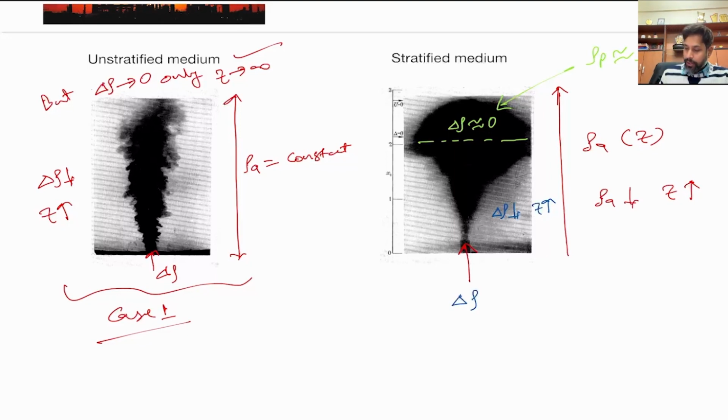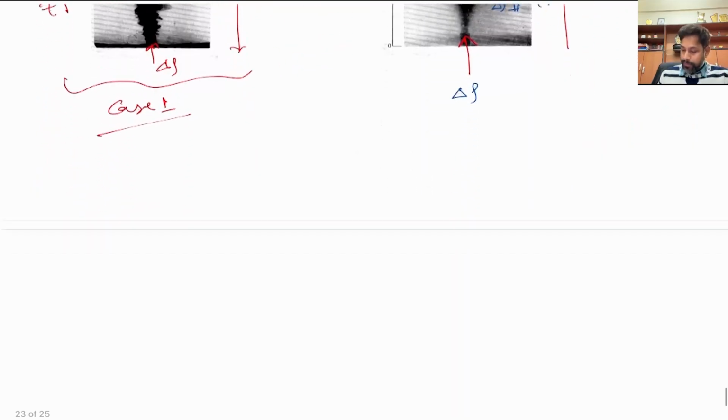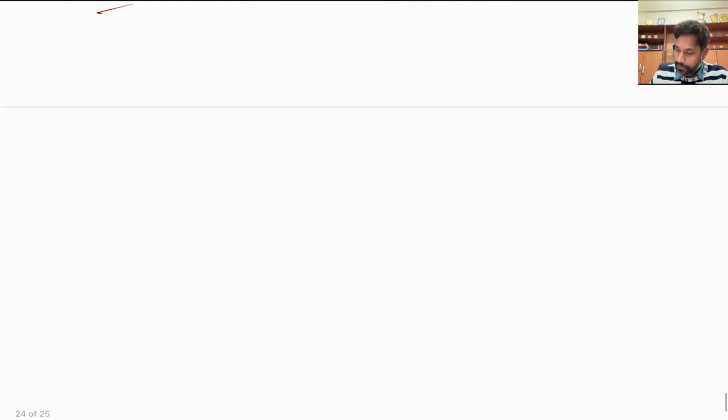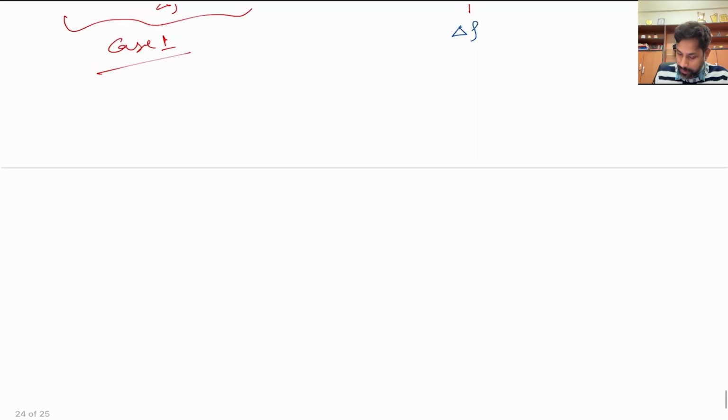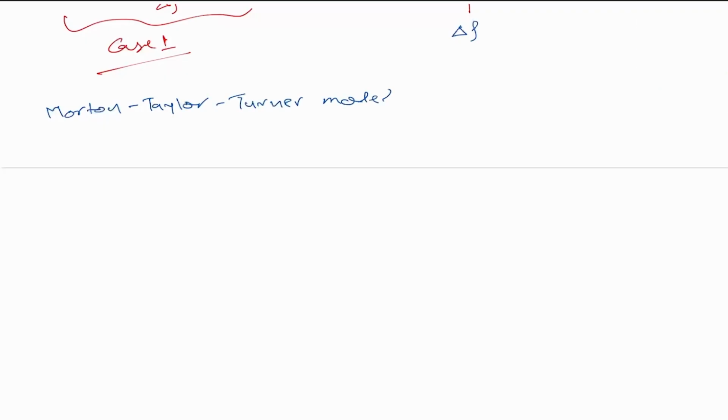Okay, so to be able to solve this problem, we will derive a solution called the Morton-Taylor-Turner model, which is popularly known as the MTT model for plumes.